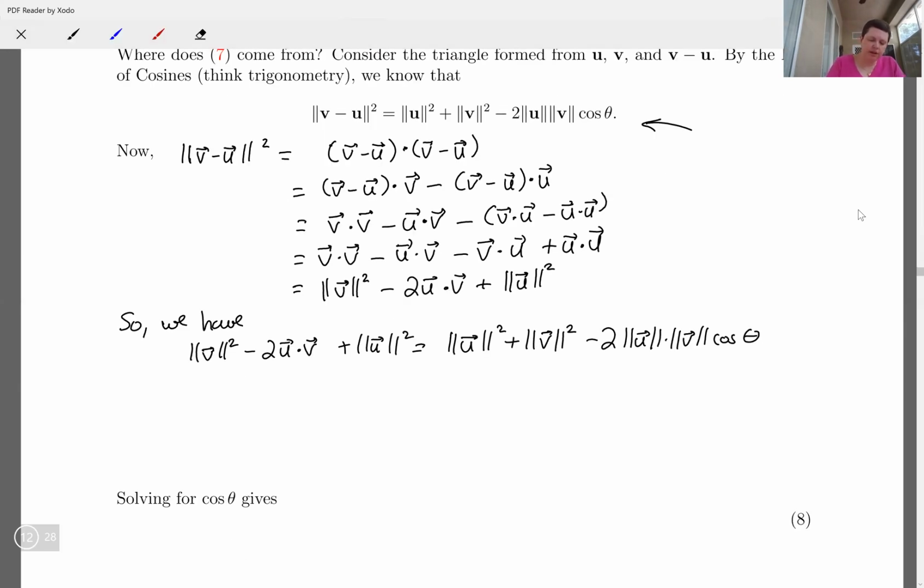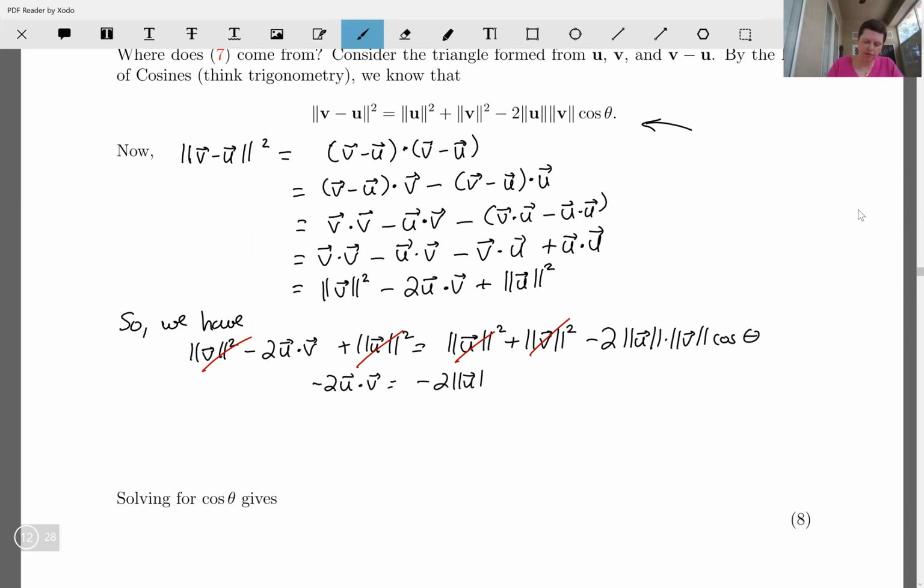And stuff just does us a favor and gets canceled. I'm left with, let's just divide both sides by -2, right? So I have -2 u dot v is -2 times magnitude of u times magnitude of v cosine of theta.